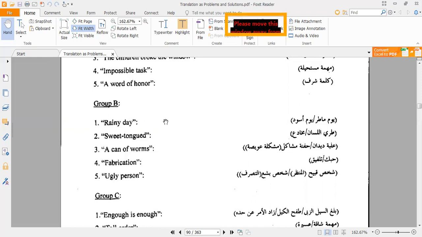So some expressions have metaphorical use and non-metaphorical use.